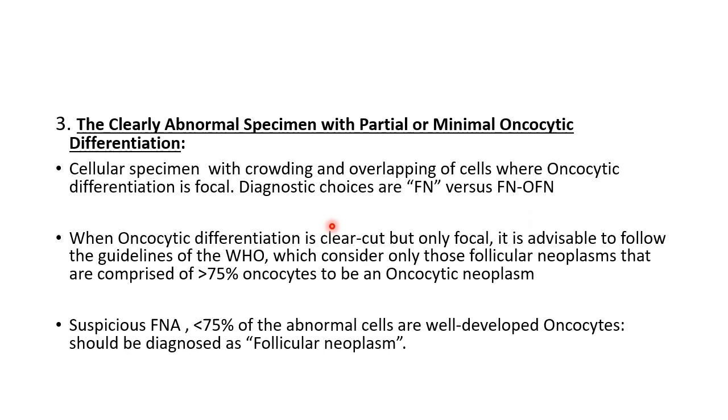So you have to differentiate between FN versus OFN. According to the WHO, more than 75% oncocytes should be present to be called an oncocytic neoplasm. So if it is focal, then it is preferable to call these follicular neoplasms if the oncocytic differentiation is less than 75%. If it is more than 75%, we call it oncocytic follicular neoplasm.